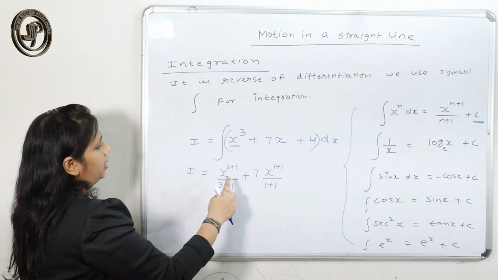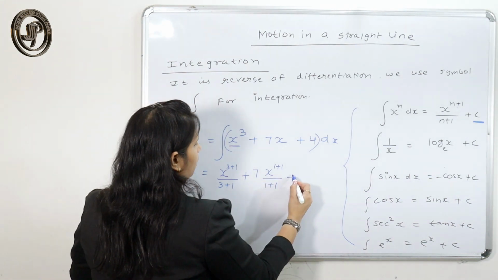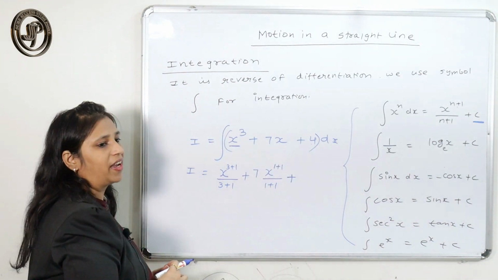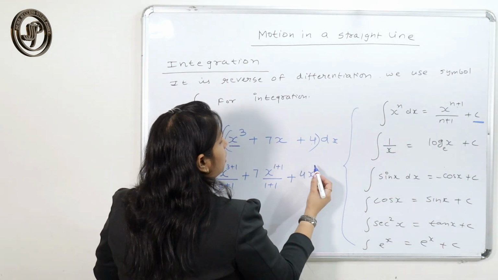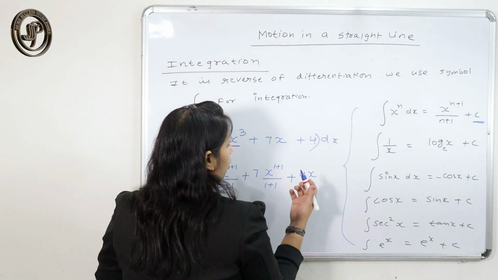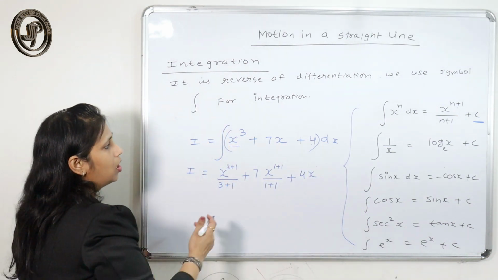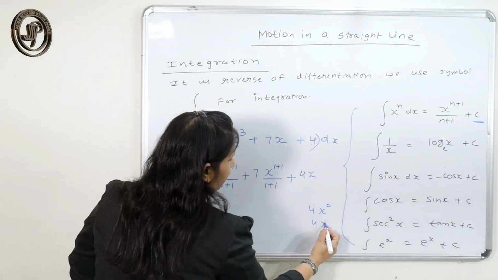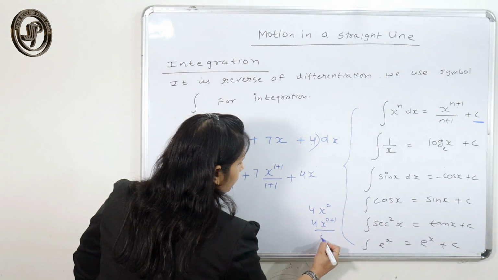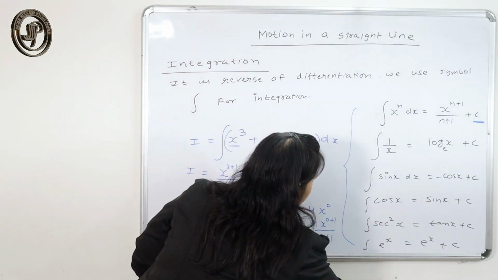For the last term, the power of x is 0, so x raised to power 0 plus 1 upon 0 plus 1. So simply the integral of this becomes 4x. How does this come? See, x raised to power 0, so x raised to power 0 plus 1 upon 0 plus 1. Simply it becomes x only.